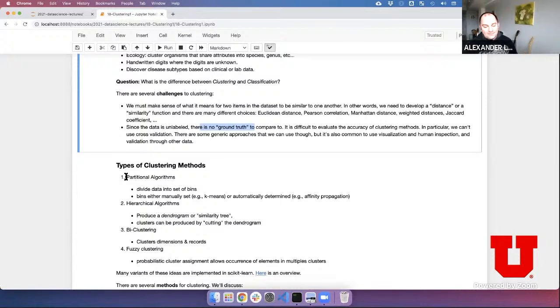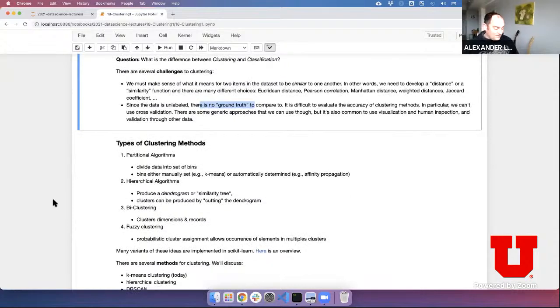And then finally, fuzzy clustering. As we've seen in supervised learning already, it's not always that easy to assign something to a label. Think about the movie reviews, right? We had some movie reviews that were somewhere in the middle; saying this one is a positive review and this is a negative review isn't always that easy. So we can do things like probabilistic assignment.